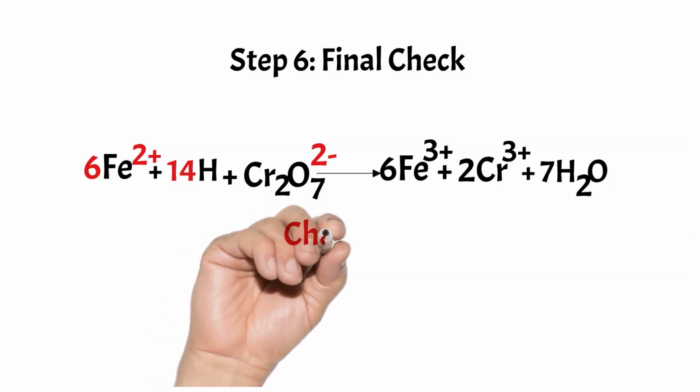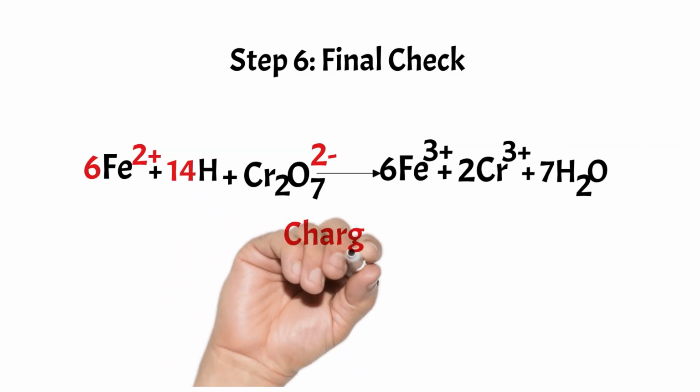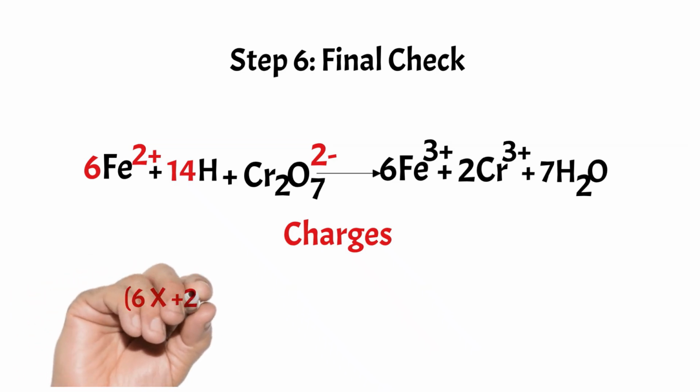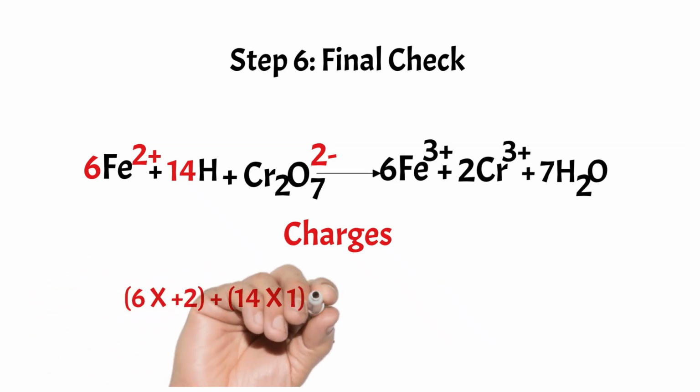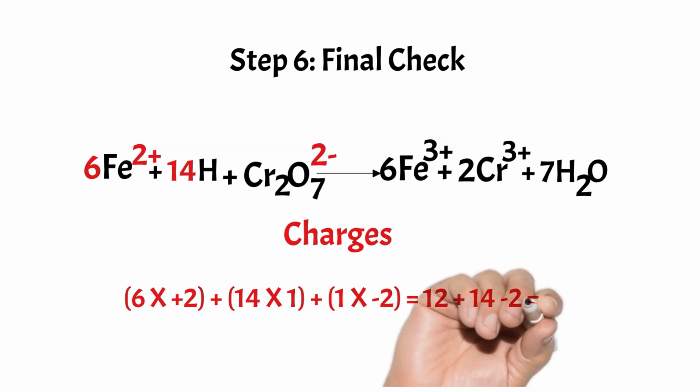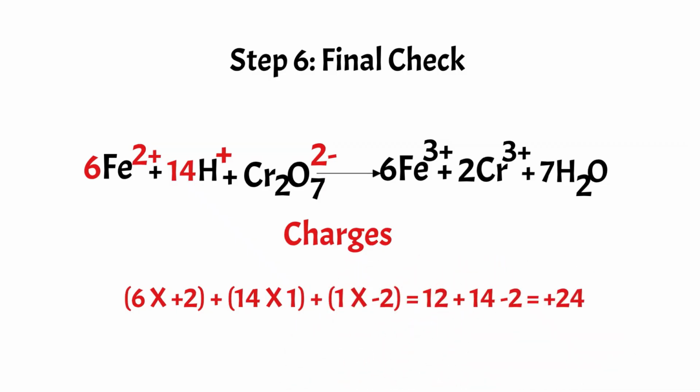For the charges, the left side, we have 6 times a +2 plus 14 times a +1 plus 1 times a -2. So 12 plus 14 minus 2 gives you 24.